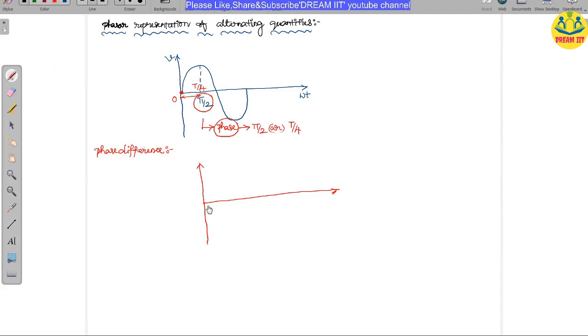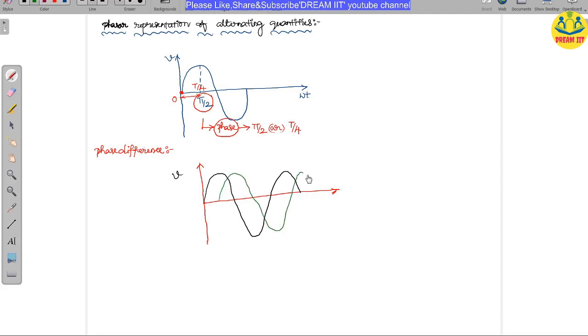Whenever you have the same alternating quantity, here we are taking one alternating quantity as the voltage, which I have represented with black. Another quantity we are taking is the current, which I am representing with the green color.